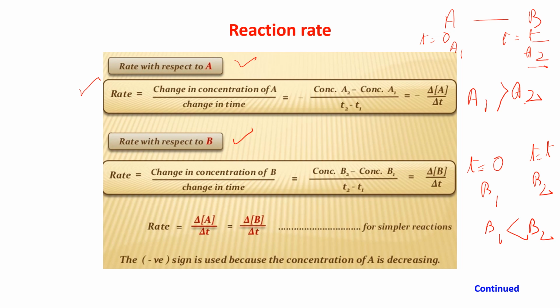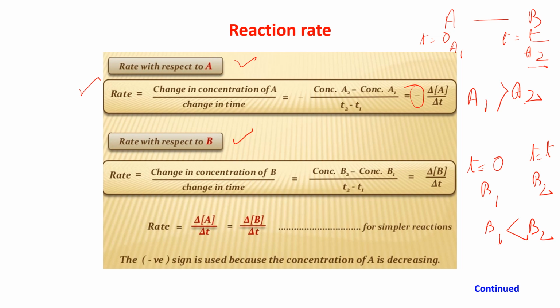As A1 is greater than A2, it comes as minus delta A by delta T. Now rate with respect to B, similarly the change in concentration of B by change in time, is B2 minus B1 by T2 minus T1. But B2 is greater than B1, so it comes as plus delta B by delta T.